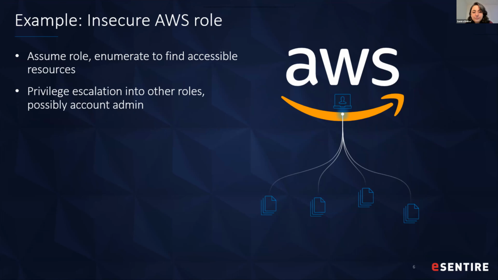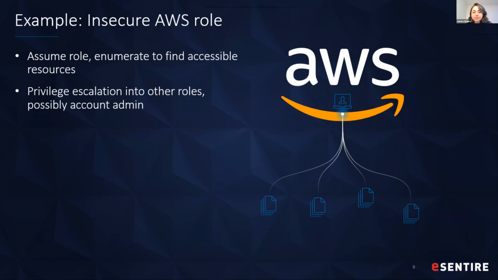One example of cloud enumeration attack would be with an insecure AWS role. If an attacker gains access to this role, they can begin enumerating resources and permissions. From this one role, other roles may be accessible, which can lead to privilege escalation within the cloud environment.